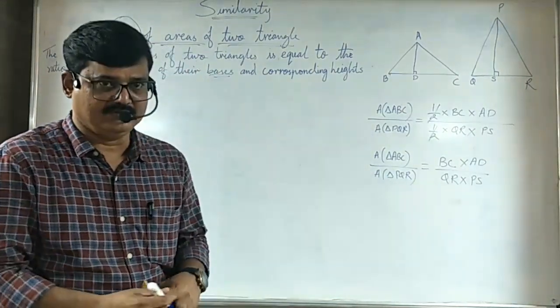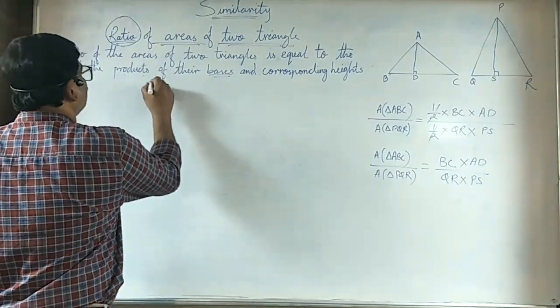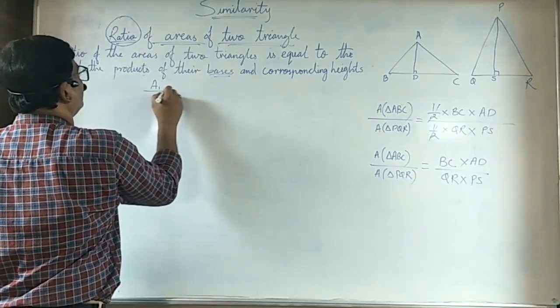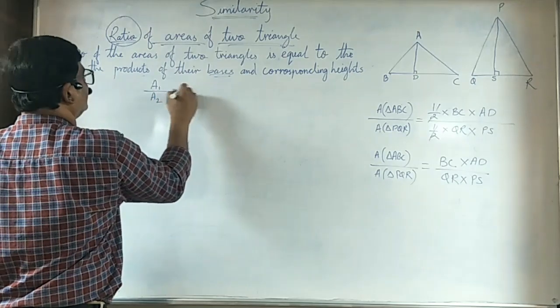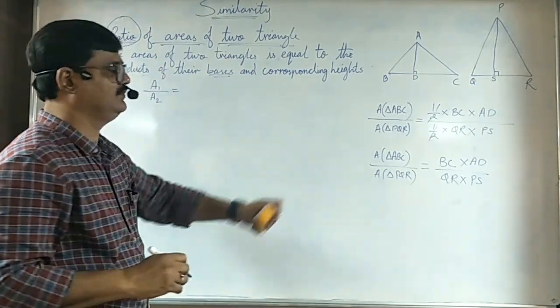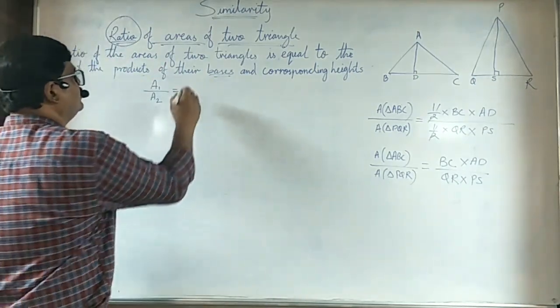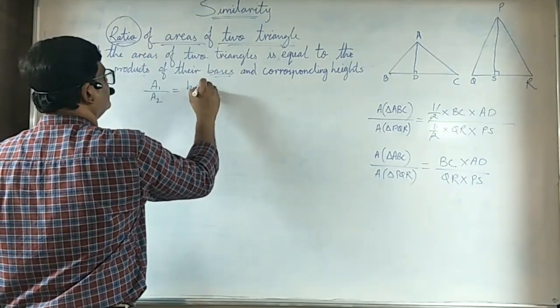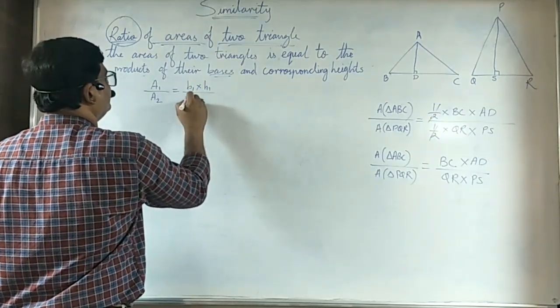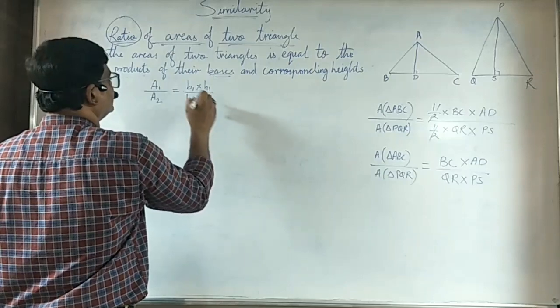If the names are not given, we can write it as A1 upon A2, where A1 is the area of the first triangle and A2 is the area of the second triangle, is equal to B1 into H1 upon B2 into H2. That is the same thing.